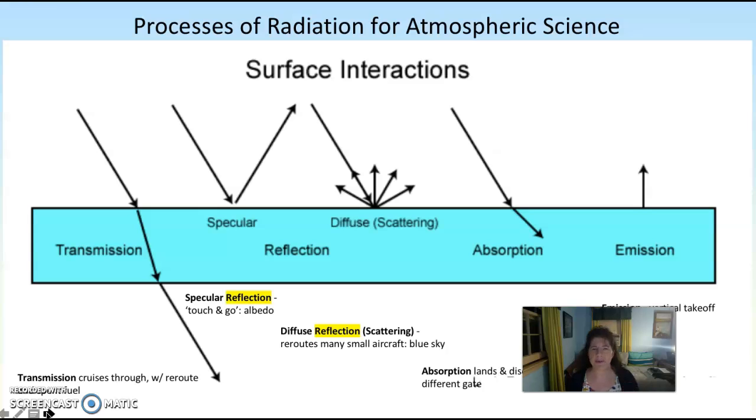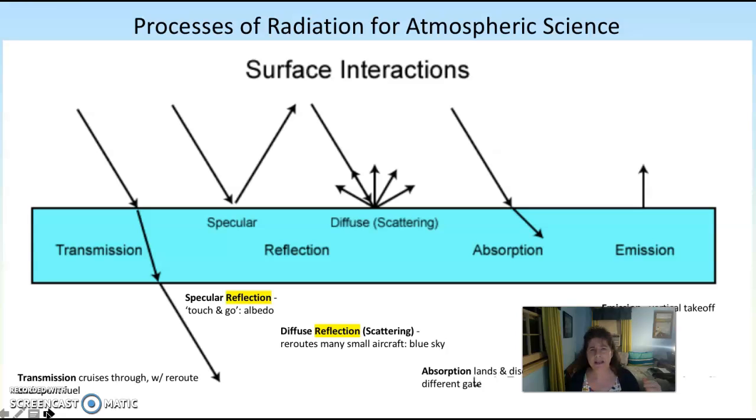In hitting surfaces, let's talk a little bit about the behavior of radiant energy as it hits surfaces. We talk about transmitting through space and the vacuum of space. Well, the Earth's atmosphere is not a vacuum.